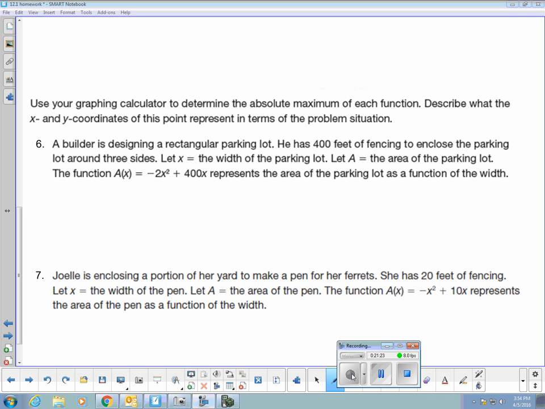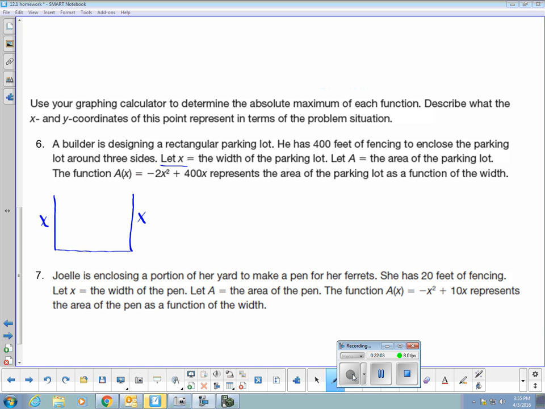In number 6, we have a builder who is designing a parking lot. In this particular problem, he has 400 feet of fencing, and again he is only going to go around 3 sides of the parking lot. So it's sometimes helpful to draw a diagram. Here are the 3 sides of the parking lot, and we're going to let x be the width.